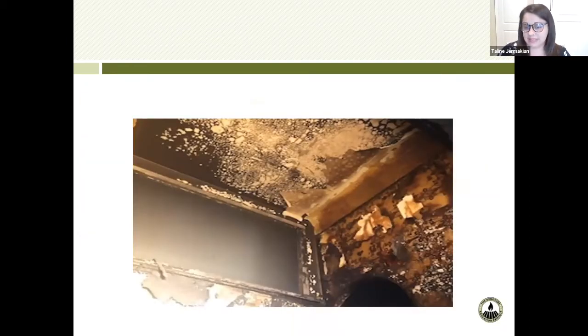In a modern sense, this is a photo of the Armenian church in San Francisco in September 2020, which was a product of arson. In September 2020, if some of you are familiar, there was a conflict in the region of Nagorno-Karabakh, also known as Artsakh, between the ethnic Armenian population and the Azeri army.